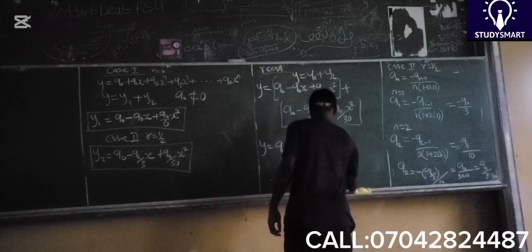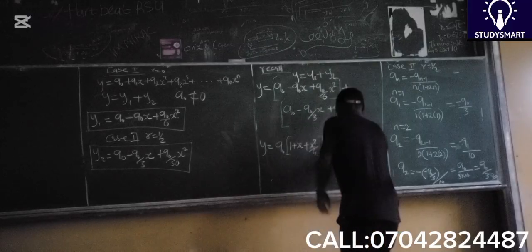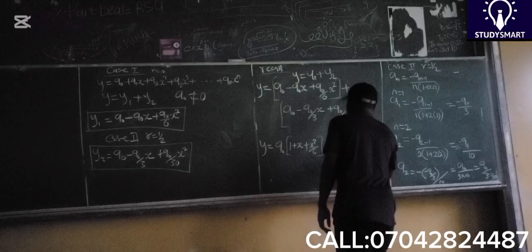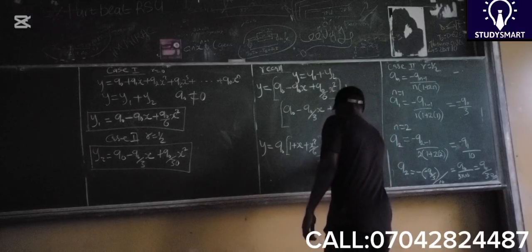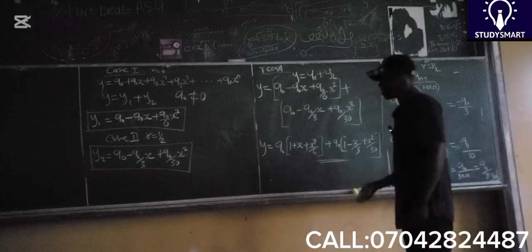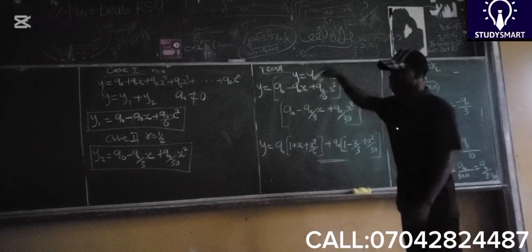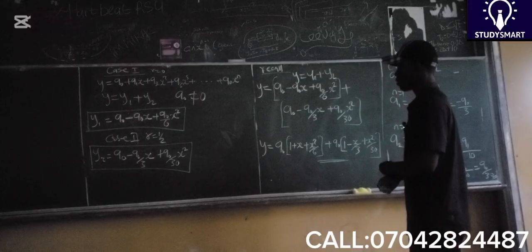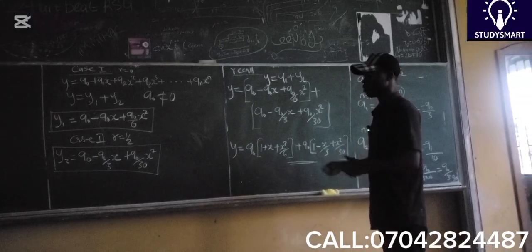Then I have plus another a naught into 1 minus x over 3, then plus x squared over 30. And this becomes the final answer of the problem, which is the power series of the given differential equation that we were given to solve for. This becomes the final solution.